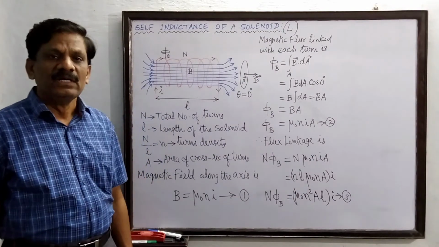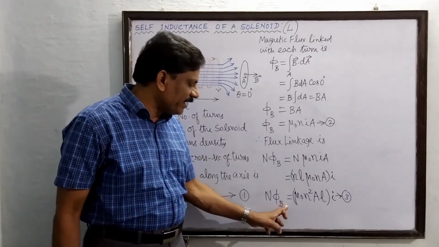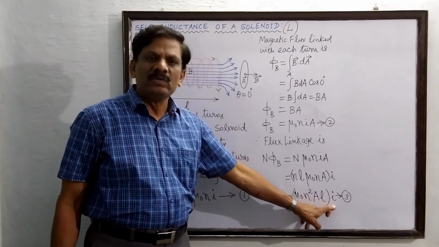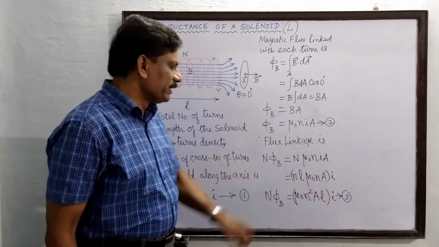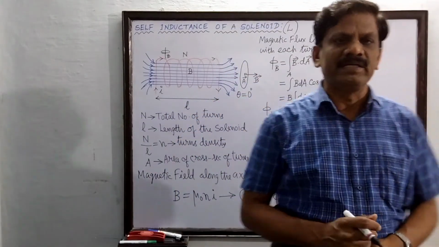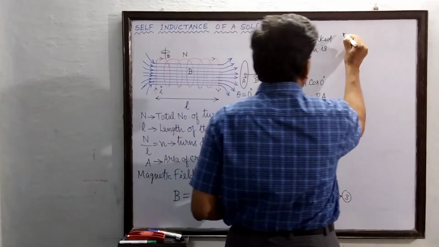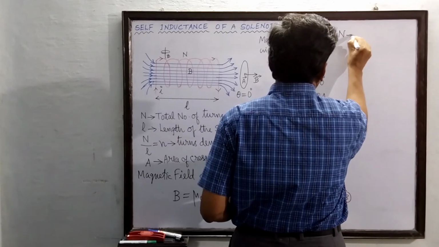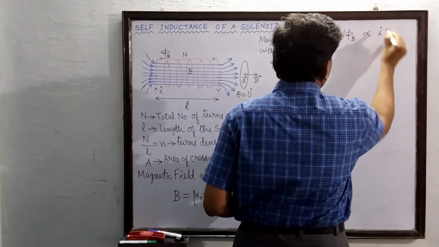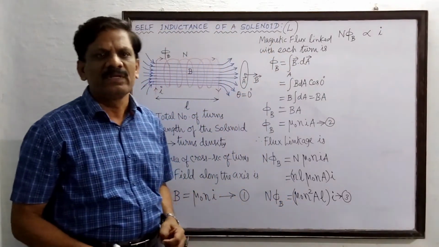Have you understood? So the flux linkage N phi is equal to mu naught n square A into L into the current I. Okay students, from the definition of self-inductance of a coil, we have already studied that this flux linkage N into phi B is proportional to the current I flowing through the coil. Is it not?